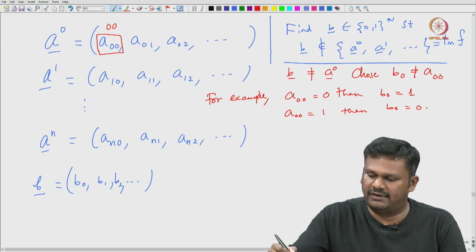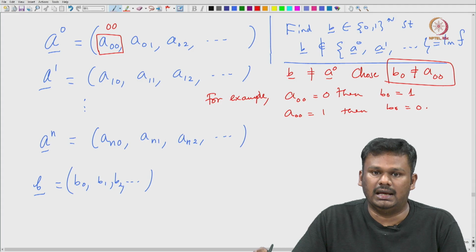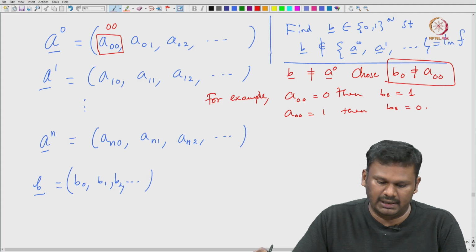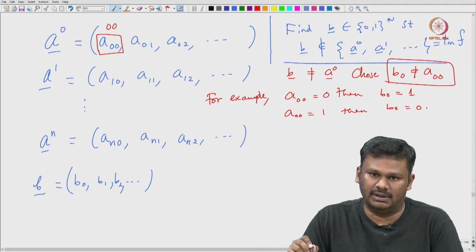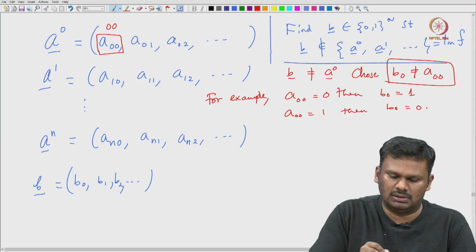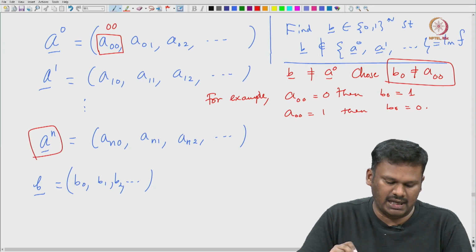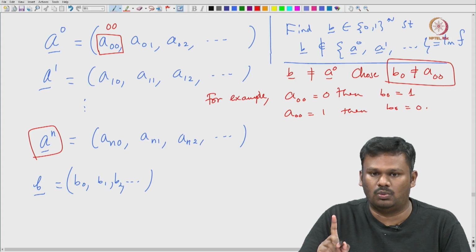Okay. So, that way we can make sure that B bar is different from A naught bar and this is something I can do for all elements. So, to make the procedure more rigorous, like I said, to actually differ from this A n bar, it should differ only at one place.